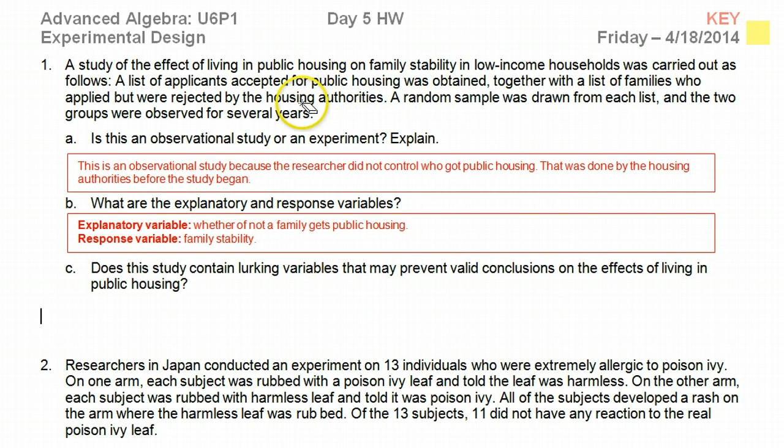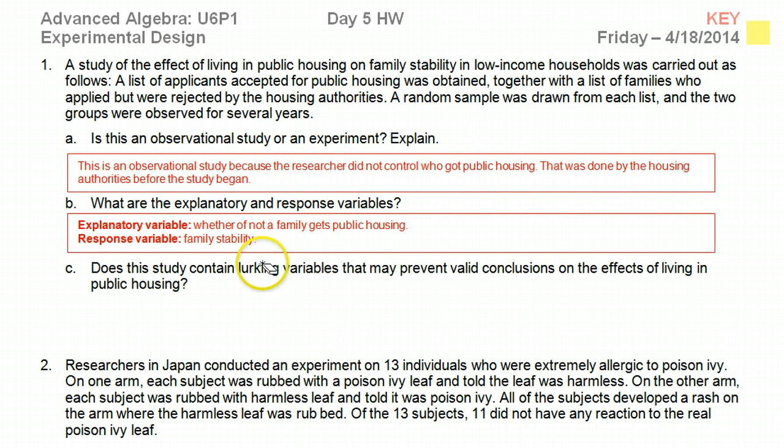So maybe they're rejecting people, just for example, because they see that the family is too unstable to benefit from public housing. If they see that there's been a history of crime, a history of violence, a history of drug abuse, that might be one of the things that eliminates a family from qualifying for public housing.